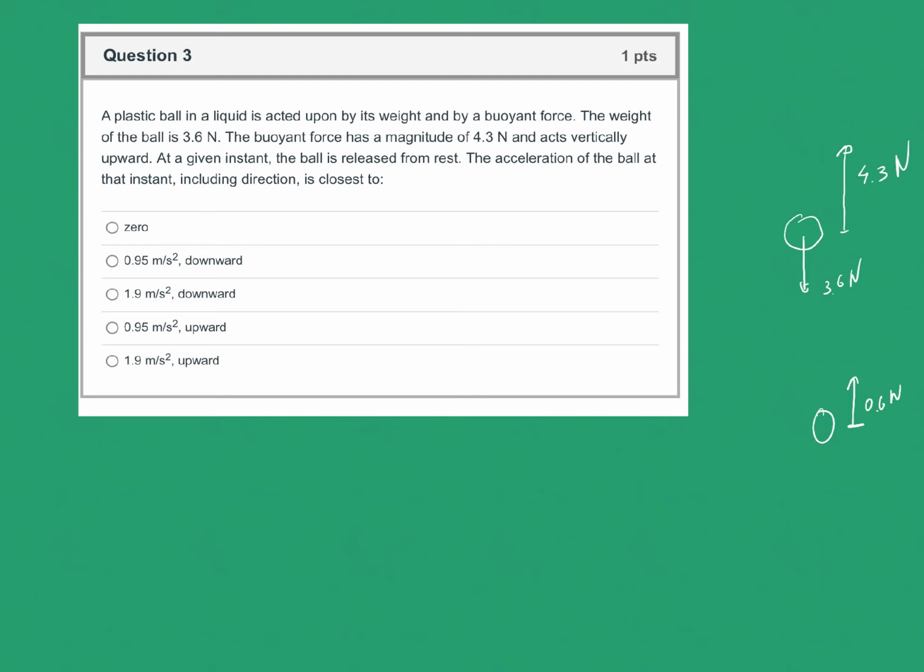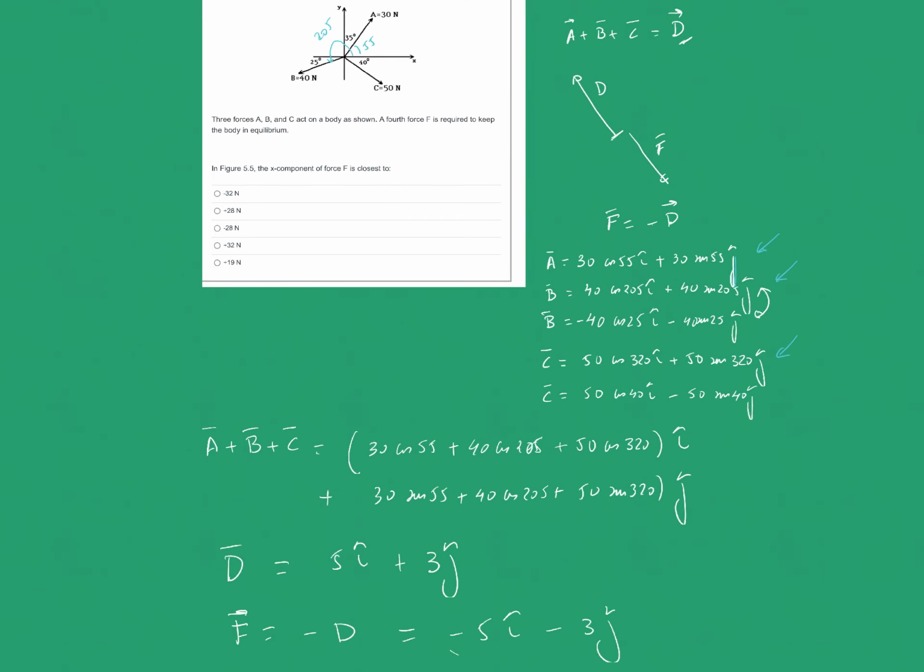This is the sum of these two forces. So we have acceleration. How much acceleration do we have? The acceleration is the sum of all the forces divided by the mass. You can find this by yourself. Okay, let's go to the next one.